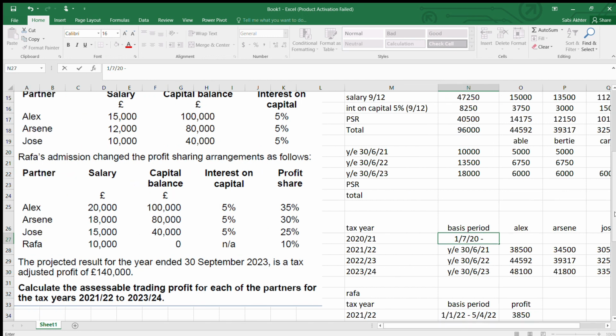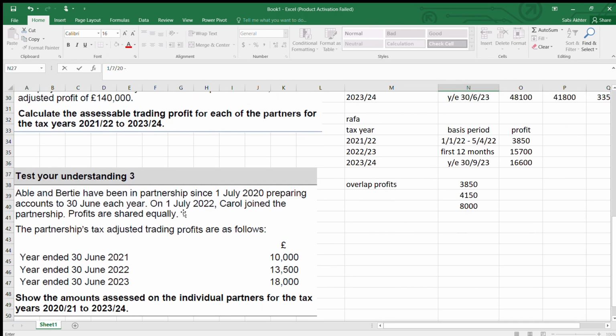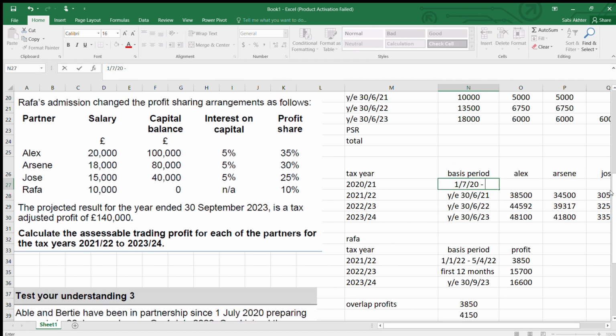Because when did Carol start? 1st of July 20. That was the date he started the partnership, right? 1st of July 20 to 5th April 21. How many months? 9 months.